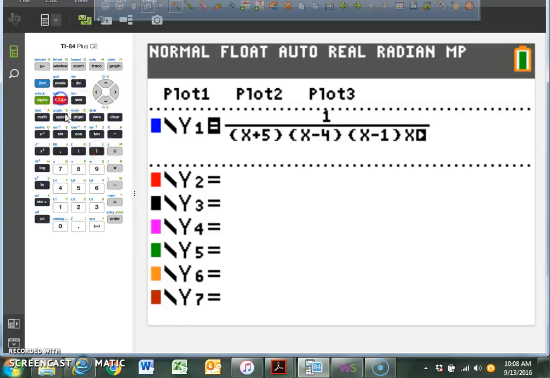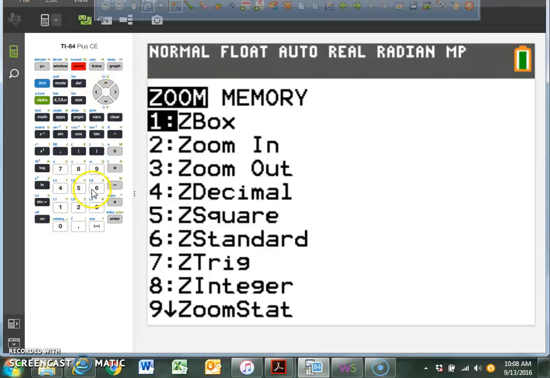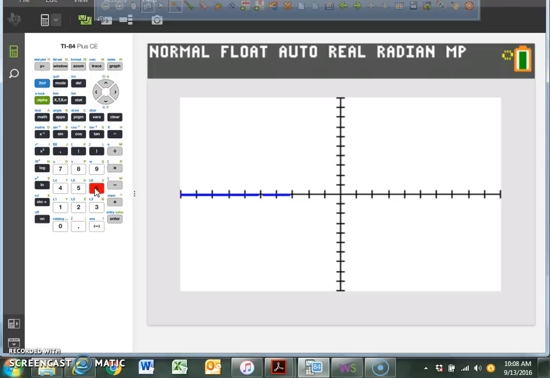And then I just had an x sitting there at the end. Then I make a graph. That's weird. Alright, I'm going to zoom 6. See if it seems any better. Okay, you're able to see the axis. You can kind of see how it continues on.